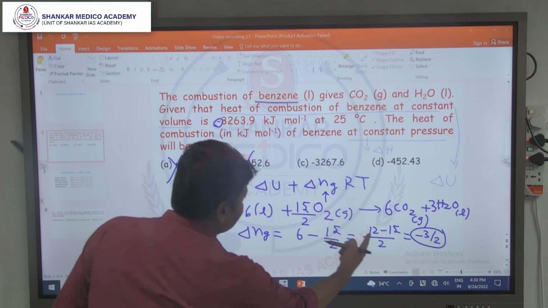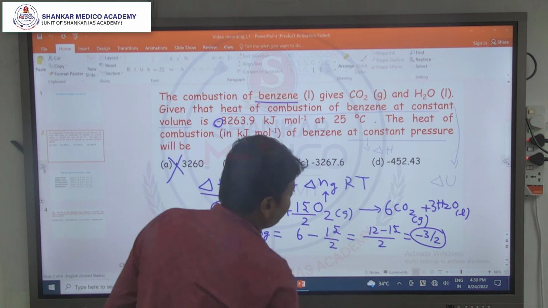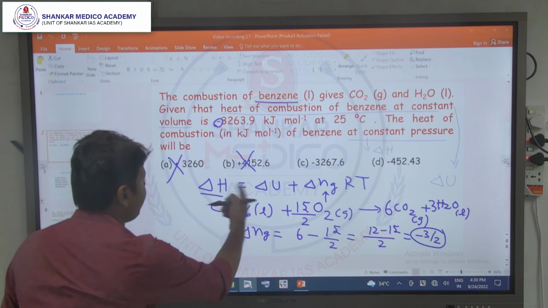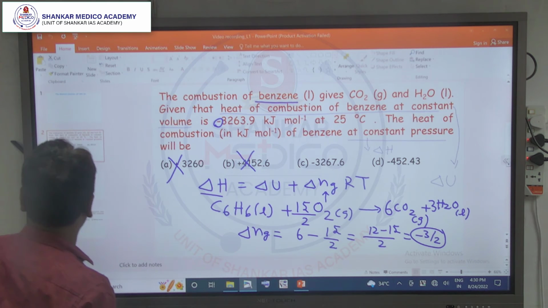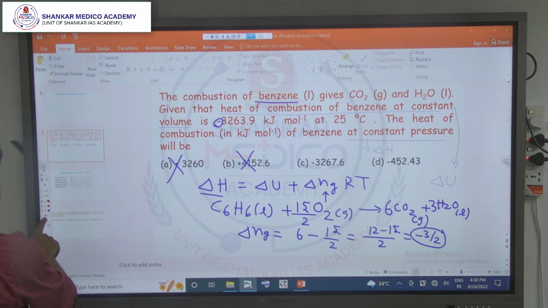Okay. So, remember this one, delta Ng equal to minus 3 by 2. Now, I will apply here in our formulae. So, let us see that.